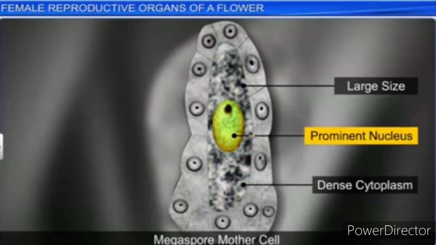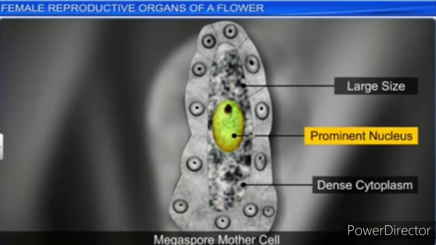Now we'll think about any type of fruit. The fruit is the outer covering, and inside the fruit are the seeds. Now we are discussing the seed, that is the ovule. Ovary develops into the fruit, ovule develops into the seed. Now first, megasporogenesis.